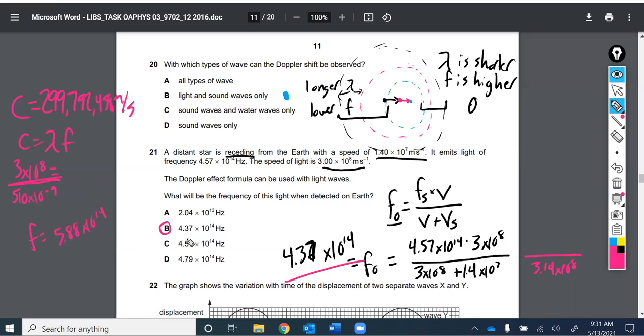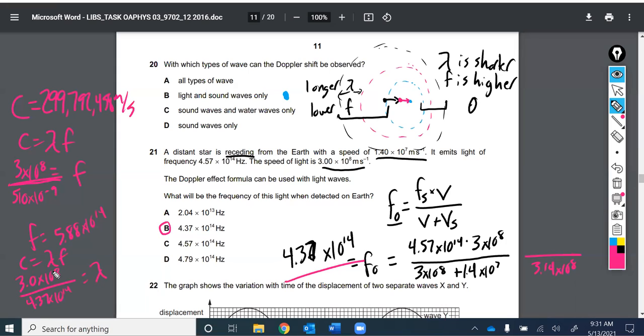Let's just calculate what's the wavelength of something with this frequency, right? Use the same equation, but instead of dividing by the wavelength of green light to solve for frequency, sorry, I don't have green ink. Let's figure out what is the wavelength of this, just to practice this equation a little bit. So wavelength times frequency equals speed of light. Speed of light is approximately 3 by 10 to the 8 divided by 4.37 by 10 to the 14. That would give us our wavelength, right? Because we're dividing by frequency.